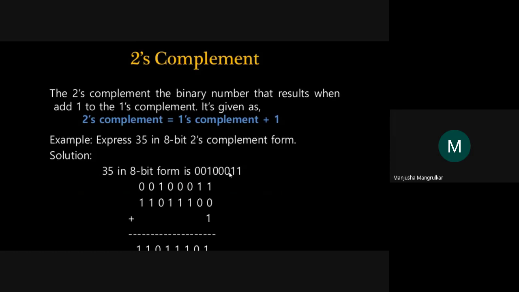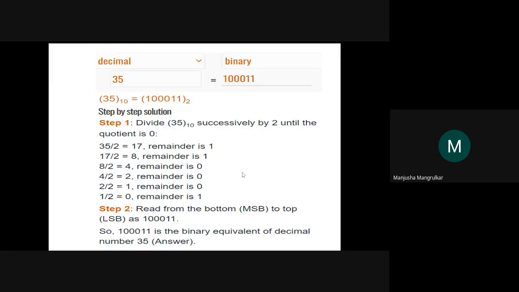This is one method; the second method is you have to divide it, right? So 35 divided by 2 is 17, remainder is 1. 17 divided by 2 is 8, remainder 1. 8 divided by 2 is 4, no remainder. 4 divided by 2 is 2, no remainder. 2 divided by 2 is 1, no remainder. 1 divided by 2 is 0, but 1 remainder.